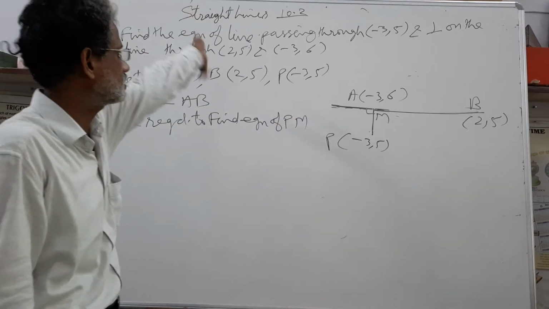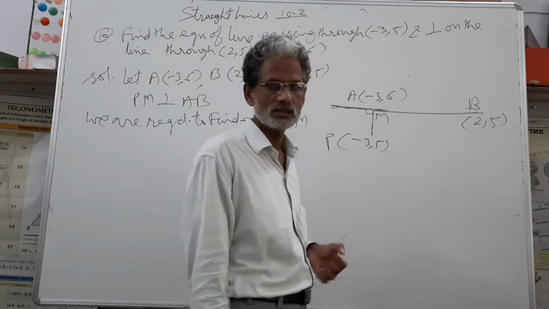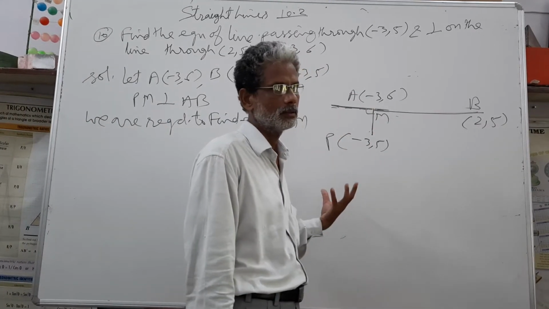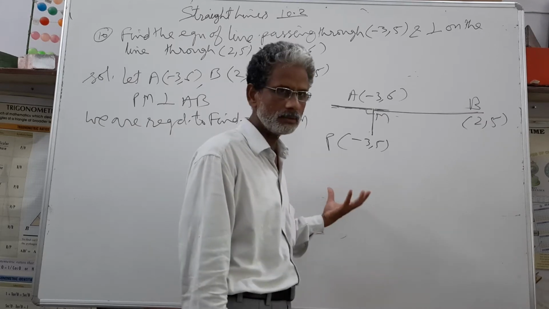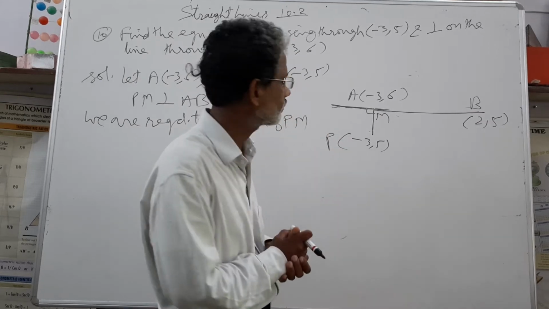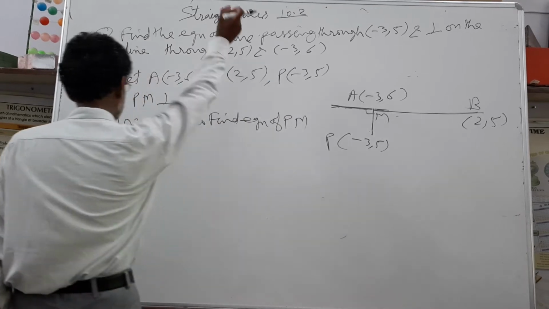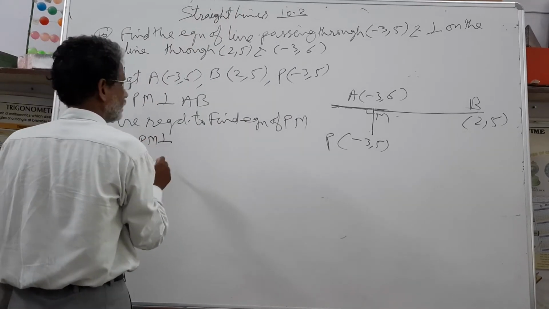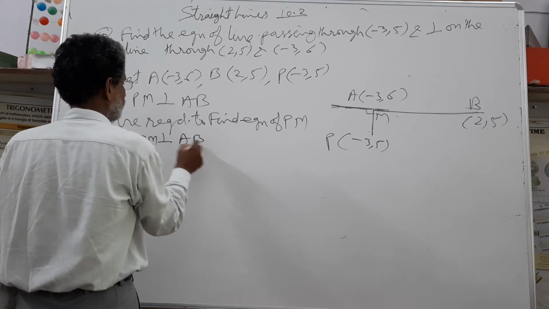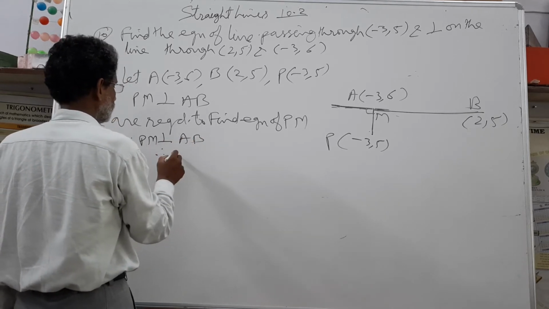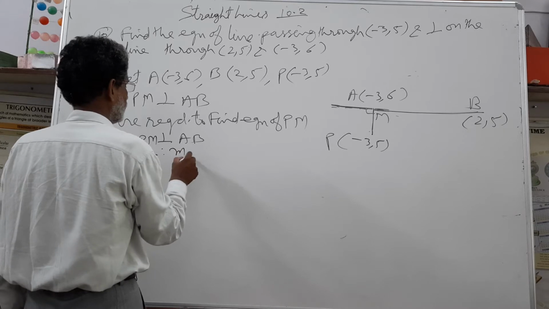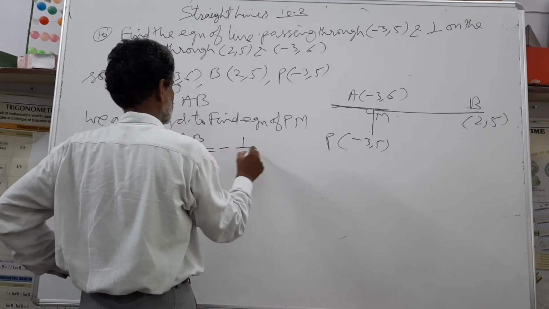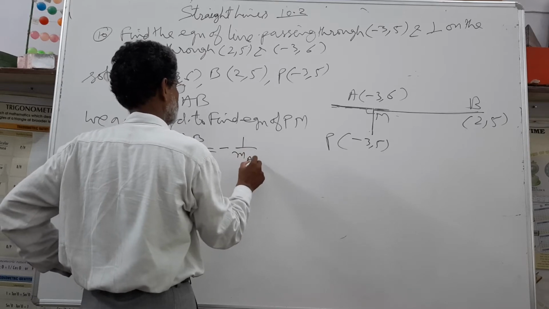In finding equation of PM, passing point P is given. If slope is also determined, then equation will be written. Now, since PM is perpendicular on AB, therefore slope of PM is equal to minus 1 upon slope of AB.